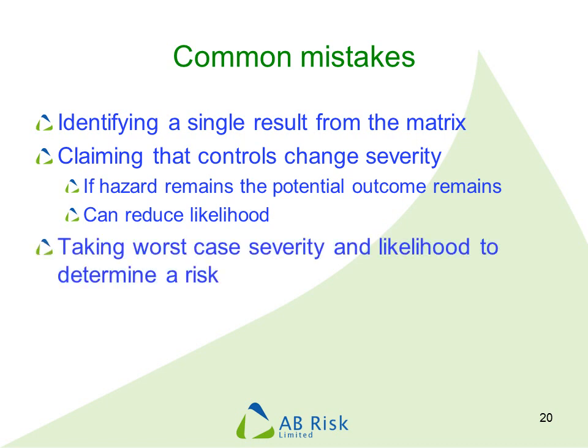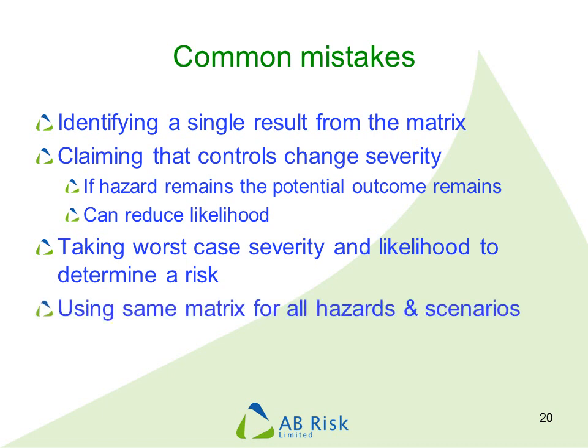One of the big mistakes people make is they take the worst case severity and the worst case likelihood to determine a risk. Now we need to match up likelihoods and severity. So typically the worst case severity will have a lower likelihood, and vice versa. The lesser severities will have a higher likelihood.